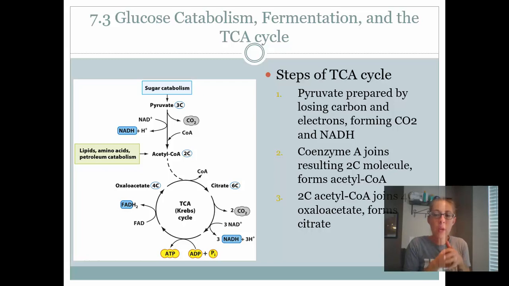So we form acetyl-CoA, which is a 2-carbon molecule, and it begins to enter our TCA cycle. Okay, so technically we haven't actually entered the cycle. Each of those 2 pyruvates that are produced in glycolysis are going to undergo those initial grooming steps.